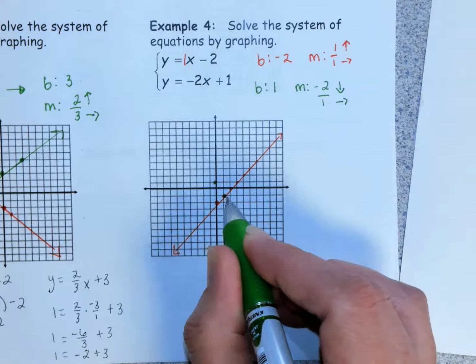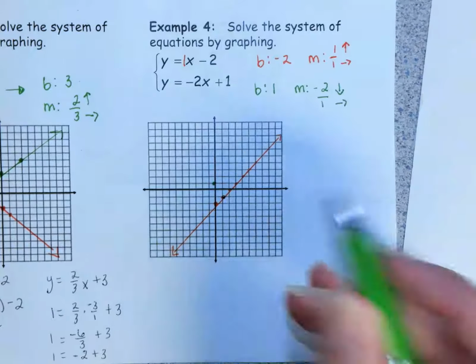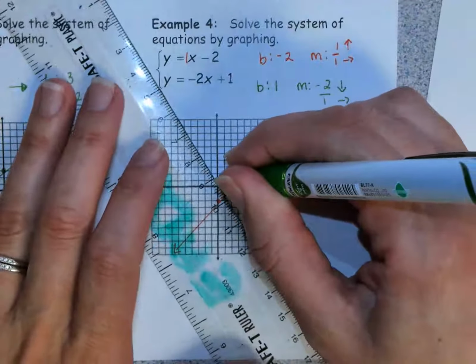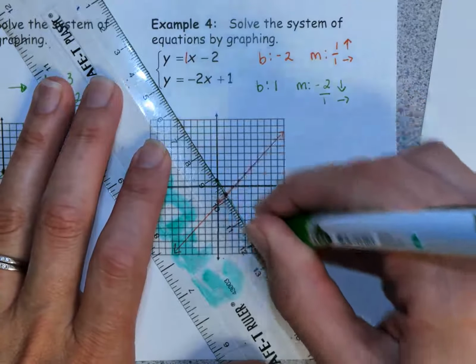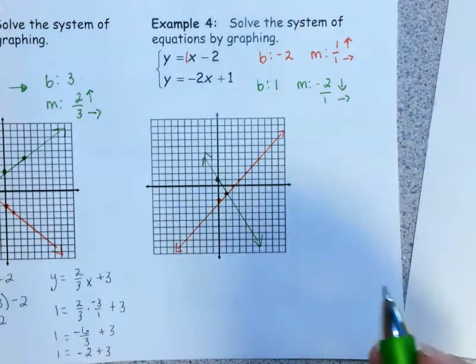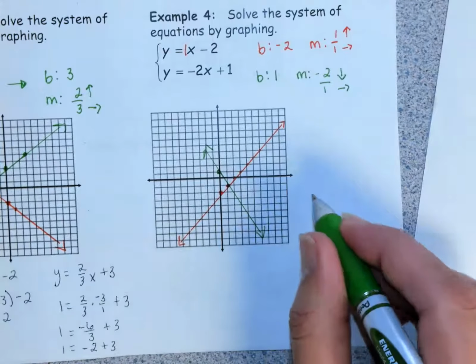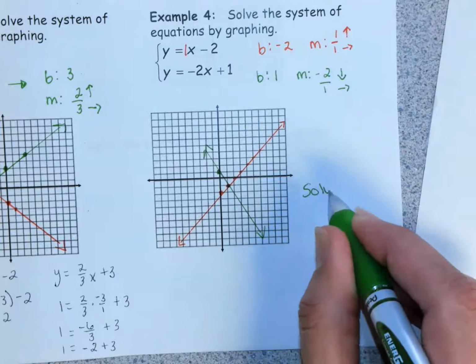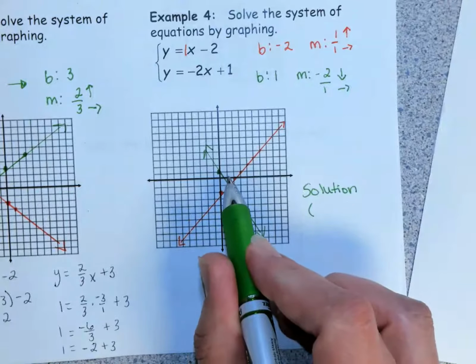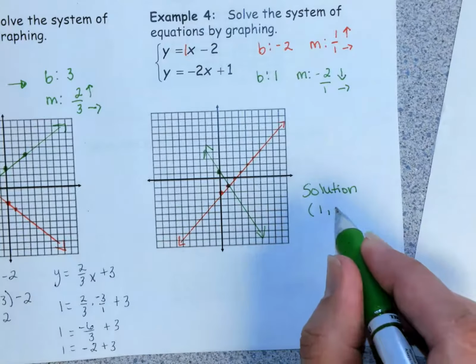And actually, we landed right on this point, so we know that's the point of intersection, which is the solution. So on this one, our solution is at that point here, which is 1, negative 1.